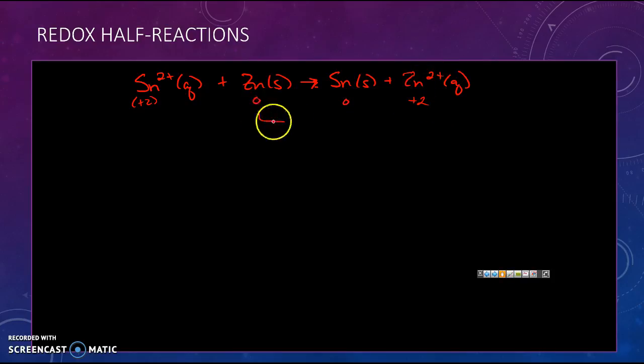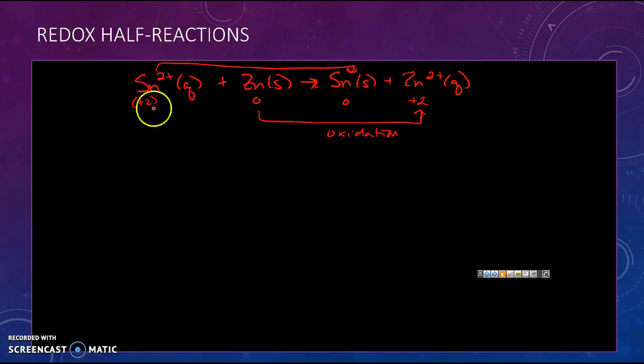And so here we would have an oxidation occur. That's our oxidation. Then here, I'm going to put this up top. We go from plus 2 to 0, so it reduces the oxidation number, and so this is our reduction. When we were balancing these equations before, we were looking at what are called half reactions.